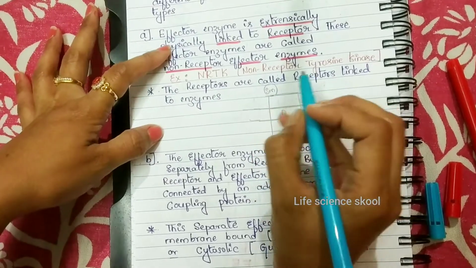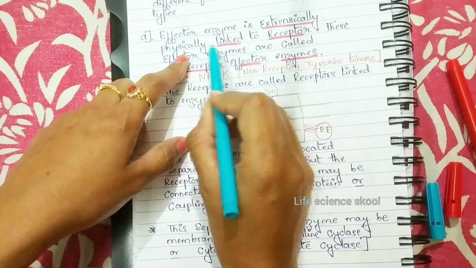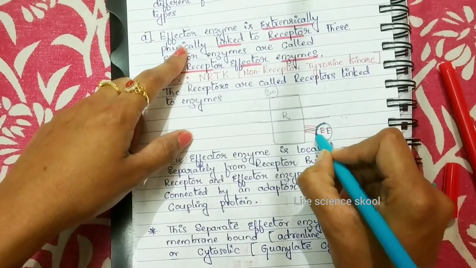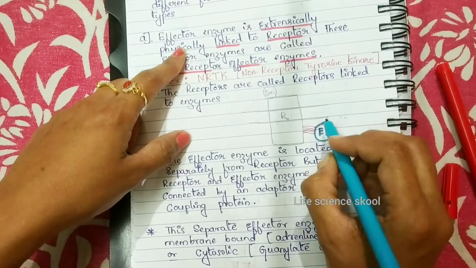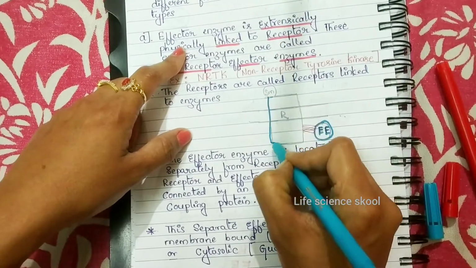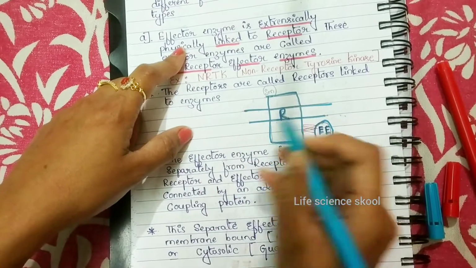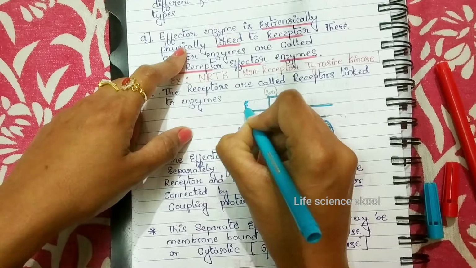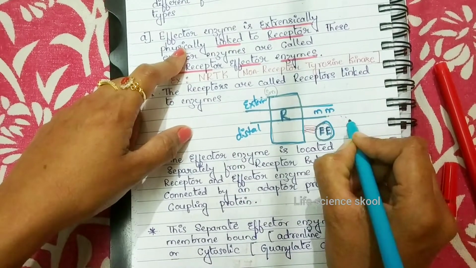See, have a look here. What they are saying is that the effector enzyme is extrinsically physically linked. Think this is the effector enzyme, that is the signaling mediator. It is extrinsically, meaning outside, and this is the receptor. This is the distal region, this is the exterior or proximal region, and this is the transmembrane.